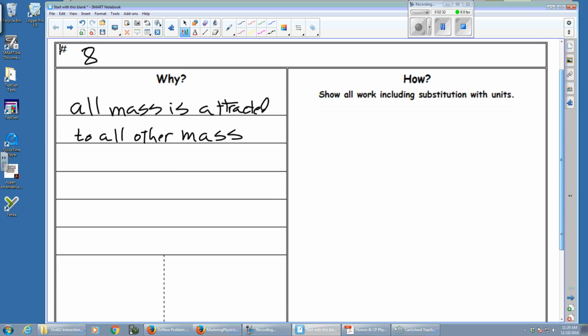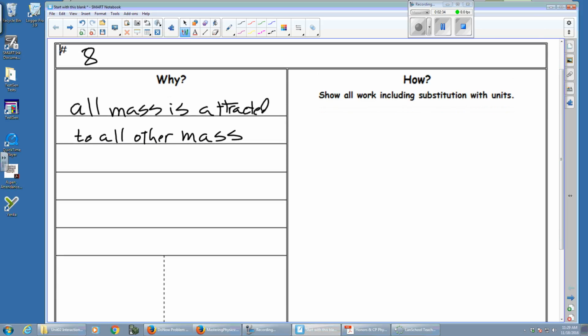What influences, what decides how strong that attraction is? You're right, the attraction we're talking about is called gravity. That's good, we've got a name. What determines how strong that gravitational attraction is to each other? The amount of mass. So if there's more mass, what does that say about the force? Stronger force, okay.